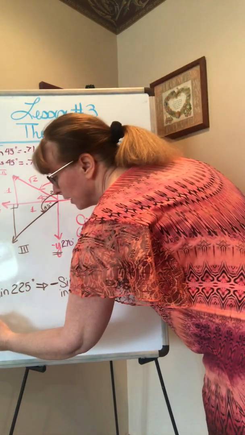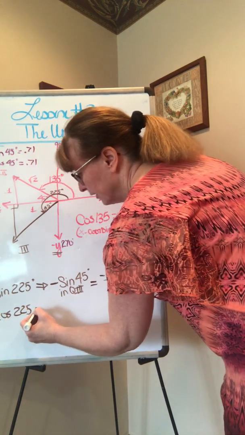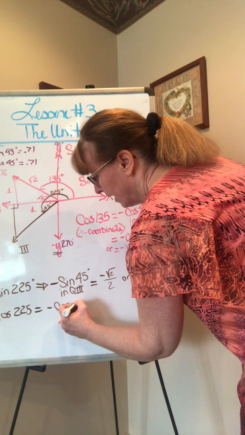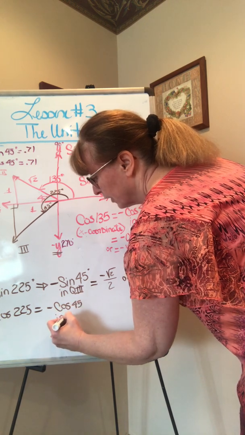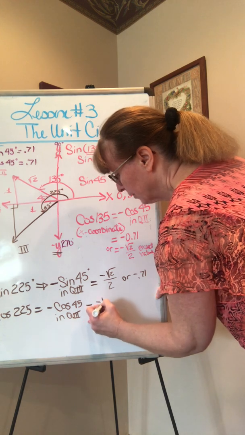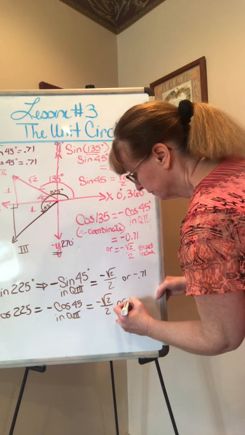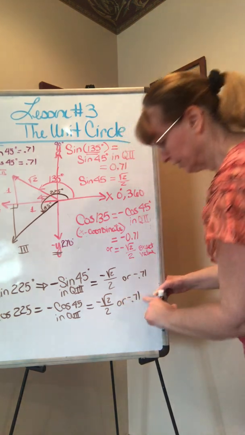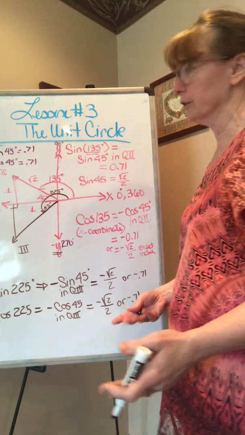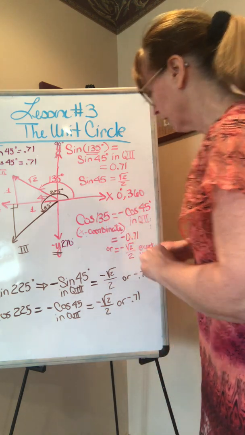And if I wanted the cosine of 225, this would be negative cosine of 45 in quadrant 3, again because the x-coordinate is negative. So if they ask for the decimal or they ask for the exact value, you have to pay attention to the directions. And now let's talk about quadrant 4.